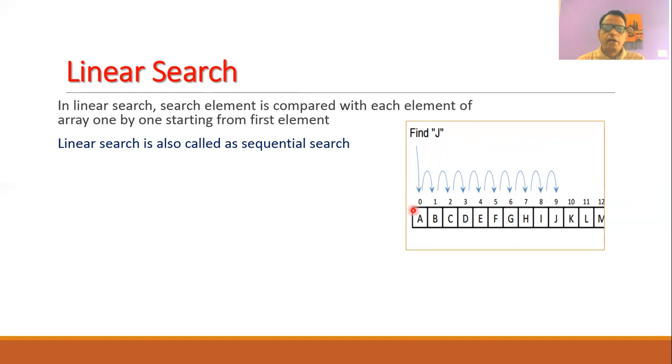If it does not match, then we compare it with the second element, then with the third element. We go on doing this until we find a match. As soon as we find a match, we stop the searching and announce that the element is found at a particular location. But if the element is not found even after comparing all the elements, then we announce that there is no such element present in the array list.